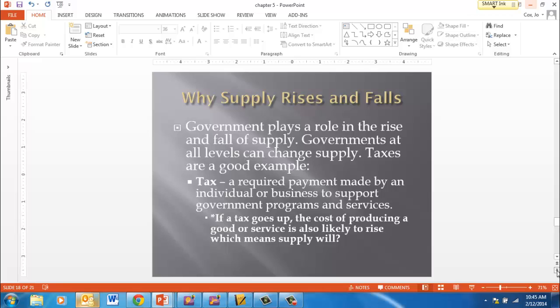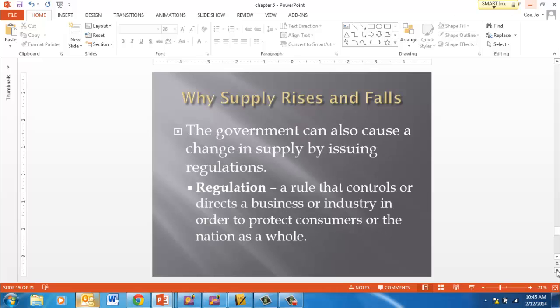So if a tax goes up, the cost of producing a good or service is also likely to rise. What's going to happen to supply? Well, in that example, supply is going to decrease, because if the cost goes up to produce an item, what's going to happen to profit? Well, profit's going to go down. And in that event, a supplier is going to supply less of that product.